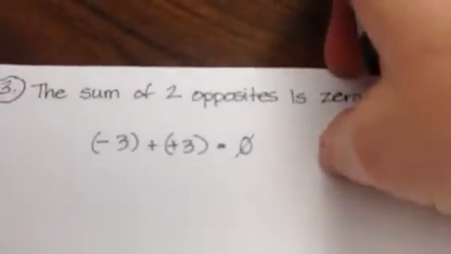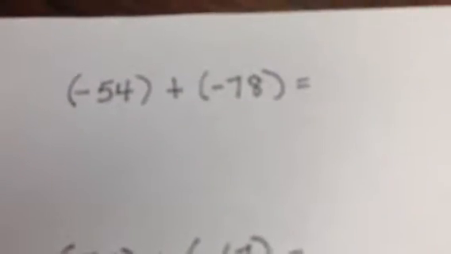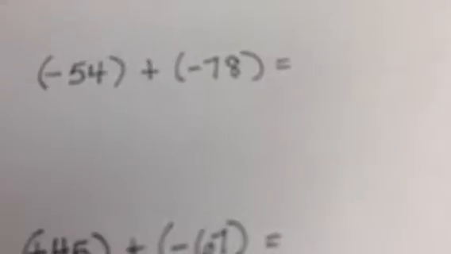All right? So let's look at some examples. I'm just going to practice, all right? So remember, when they have the same sign, it's the sum of their absolute values plus the sign that they're carrying.